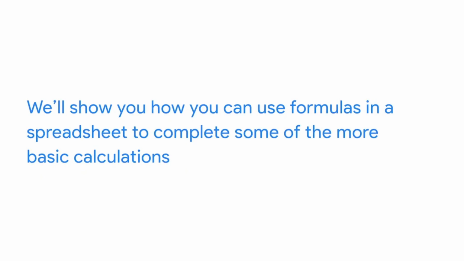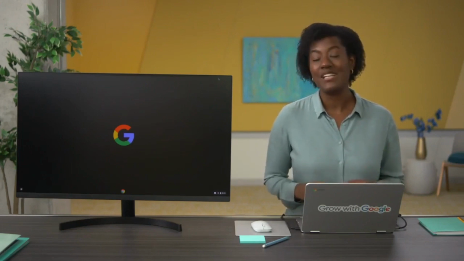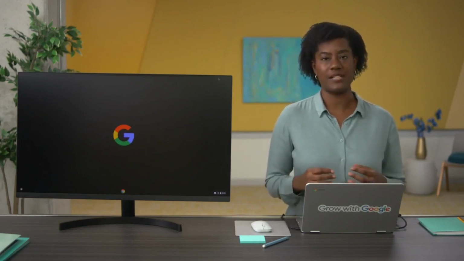We'll show you how you can use formulas in a spreadsheet to complete some of the more basic calculations. Formulas are one of the many shortcuts that data analysts use. But rest assured, even though they're shortcuts, they still calculate with complete accuracy. We've covered a lot of these calculations earlier in the program, but if you skip that part and want a refresher, we'll review them here.